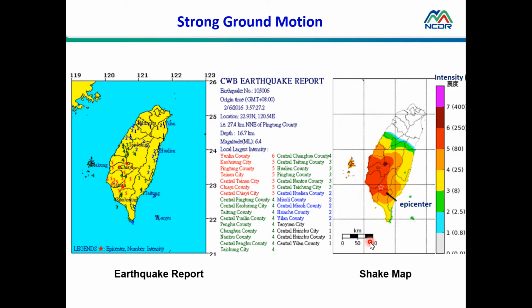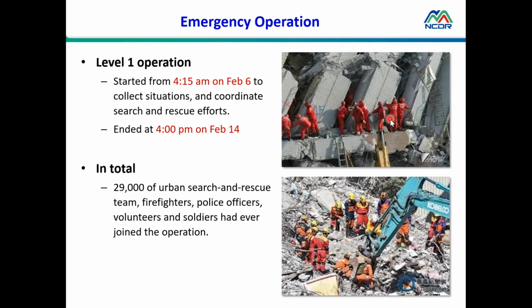So how did we respond to this? Based on the ground motion, right after the earthquake, the Central Weather Bureau immediately generates the shake map and also provides a shake map for evacuation. During the emergency operation, we had a level one operation.